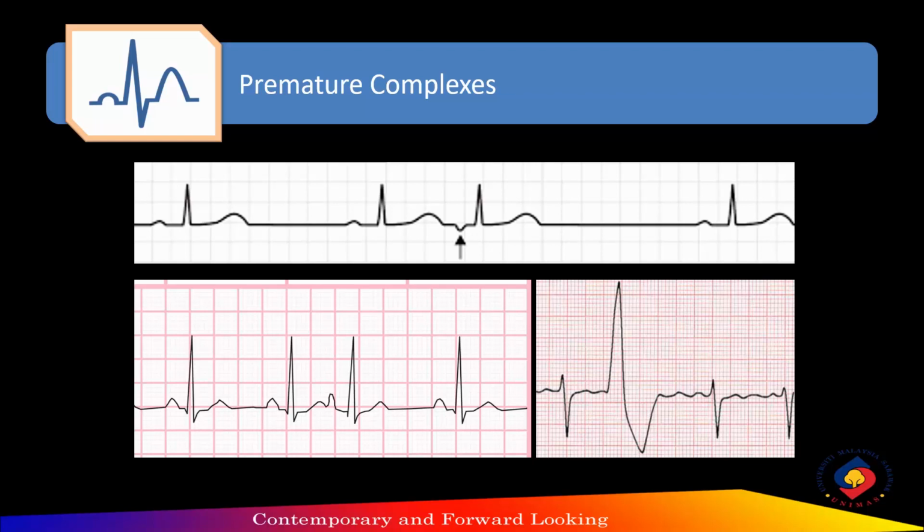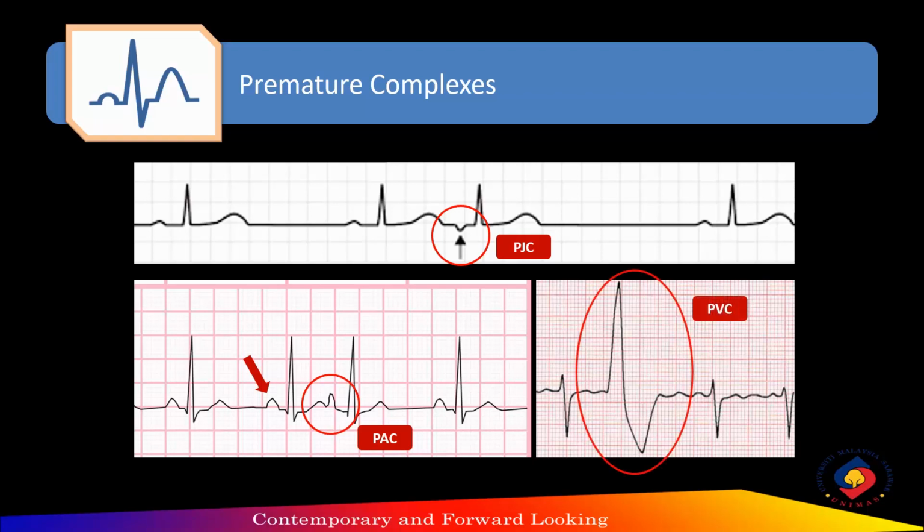Let's take a look at this first one. PACs will have upright facing P waves, but when compared to their normal sinus rhythms, their P waves differ in morphology, but they both precede a narrow QRS. PJCs, on the other hand, would have retrograde Ps or upside down Ps or no P waves at all, preceding a normal narrow QRS.